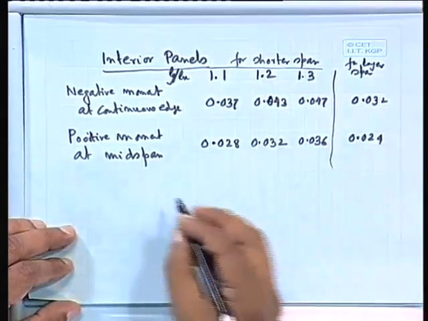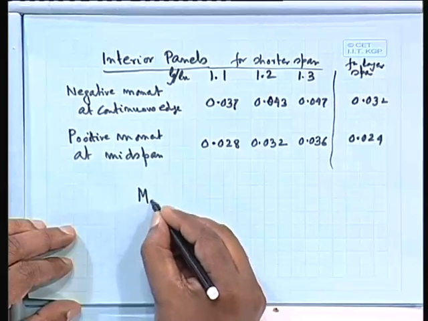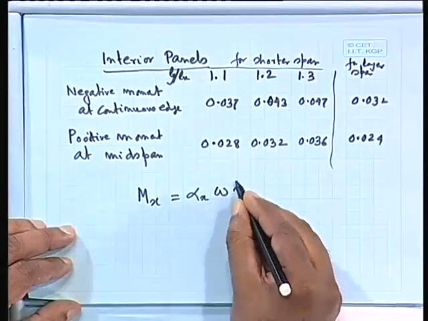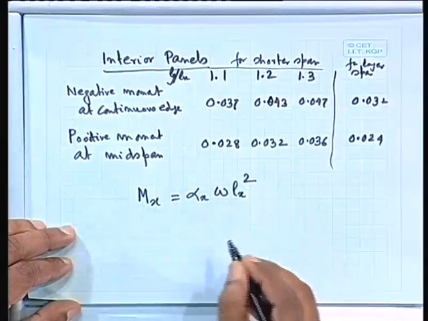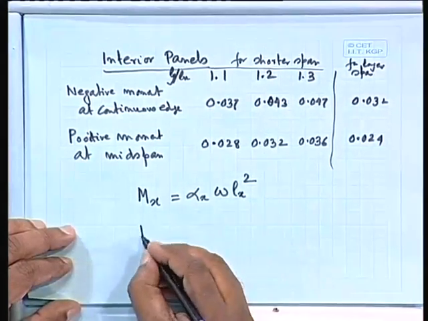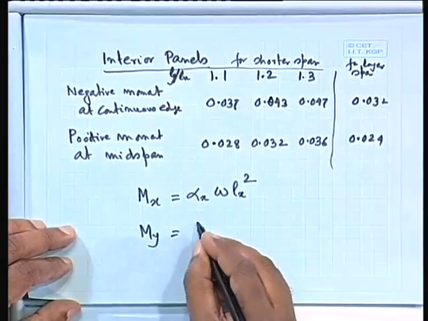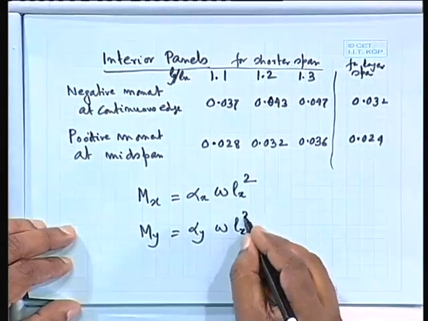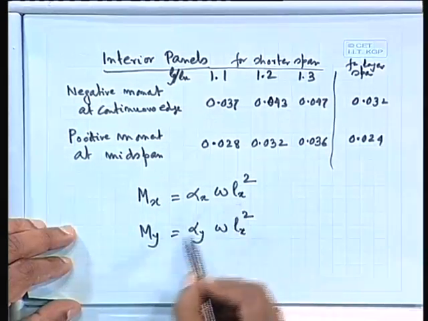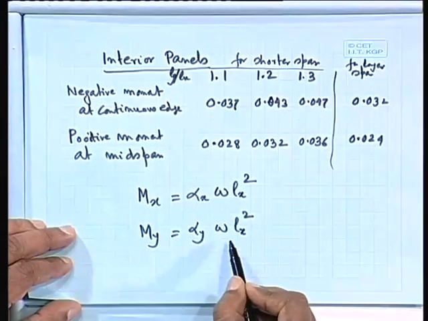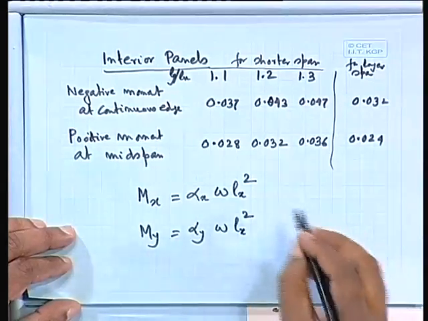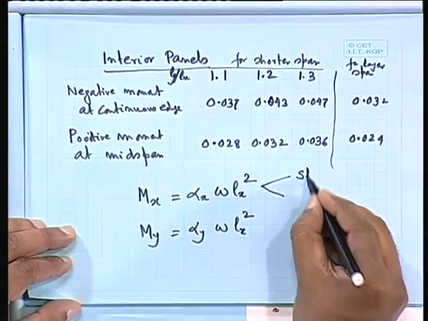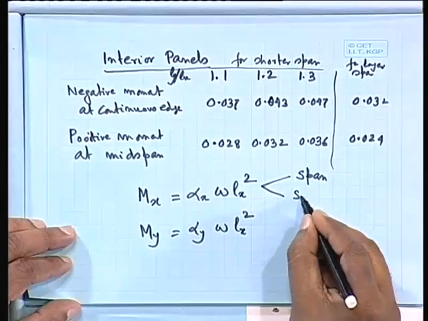And then from there we shall get the moment, which will be equal to, say, Mx equal to alpha x w Lx square, and please note we shall write in this fashion, My equal to alpha y w, again Lx square. So, not the Ly. We shall always write Lx. And we shall get alpha x for span and support.